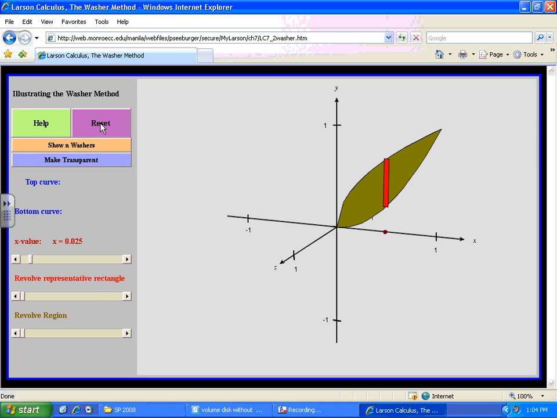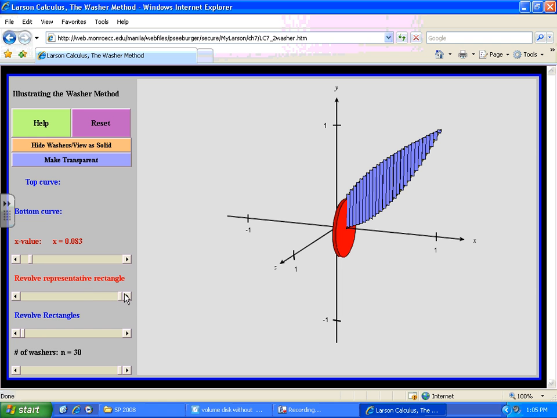Again, I'm going to give you the link, so in case you want to go back and play with it, you can make some really interesting figures. But just one more time, let's say we want to show n washers. We had 16. The maximum, I think, is 30, so let's go to 30, as many as we can. Then we want to revolve the represented rectangle.